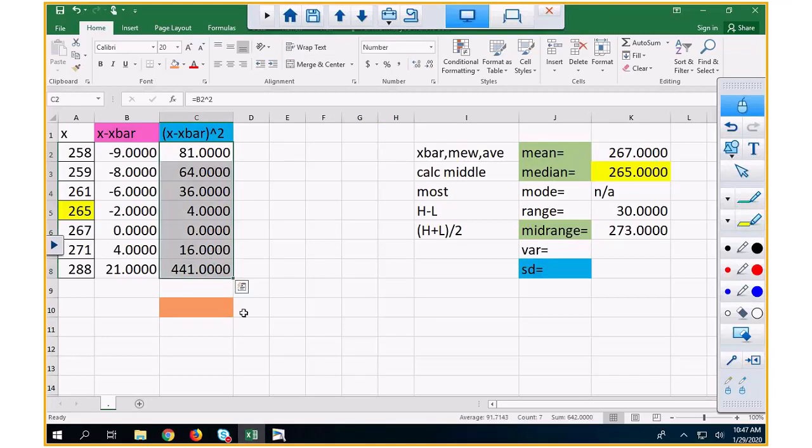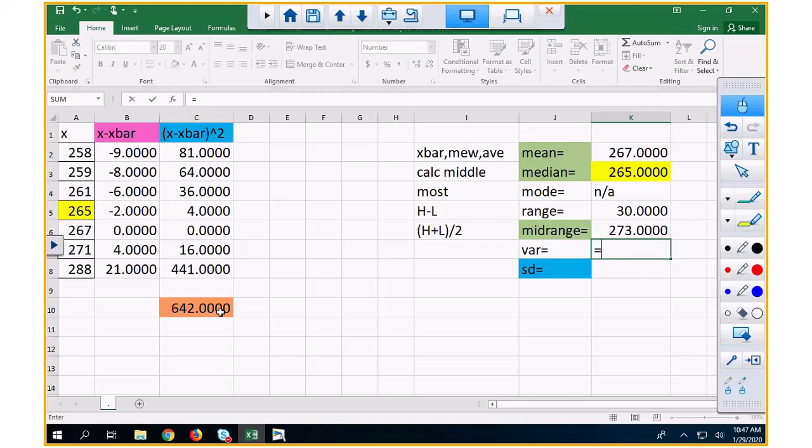So I'm going to add all these up, and that is your numerator. So write that down as the numerator for the variance. Now, since y'all worked so hard, I'm going to do the denominator. The denominator is going to be 6. I calculated that myself.